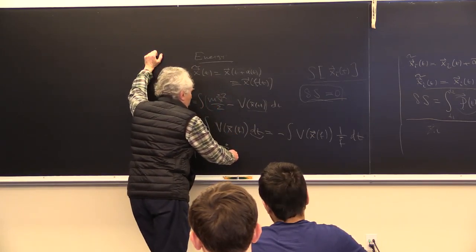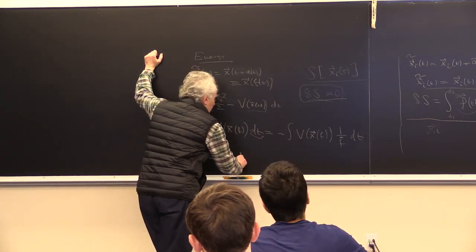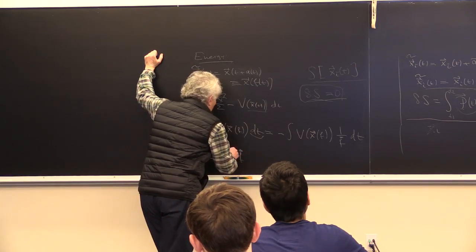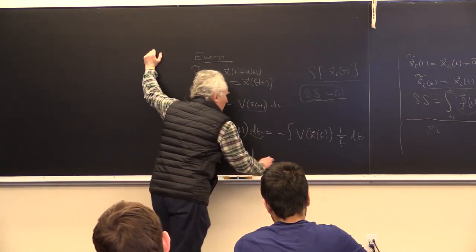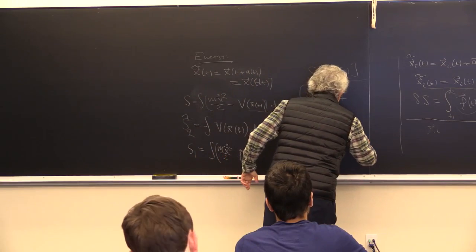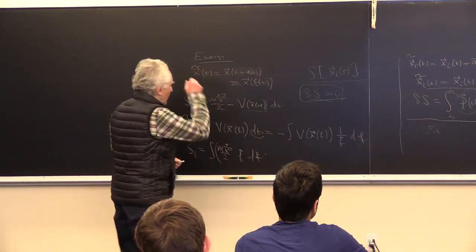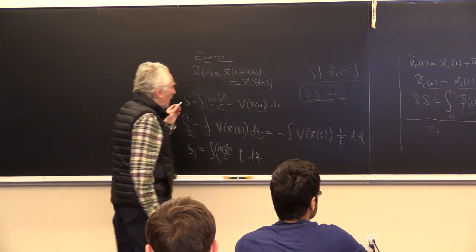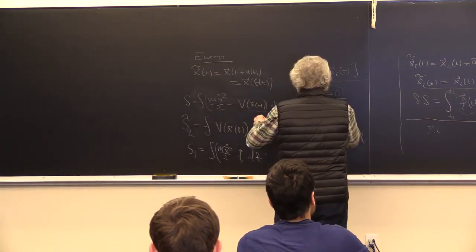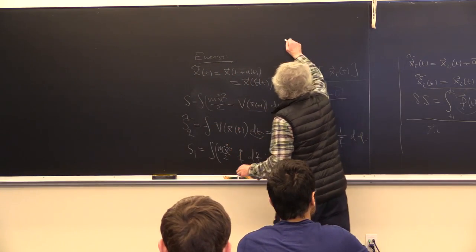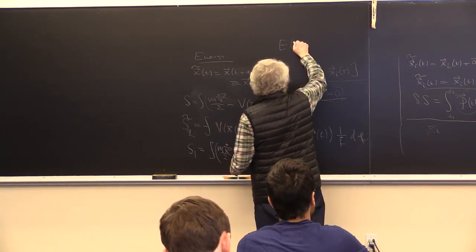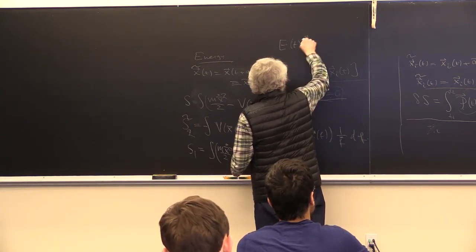So we have dt in the numerator, so we got f dot. Excuse me, here is df, of course. And the result of expanding in A, we get energy, which is the coefficient in front of A dot.